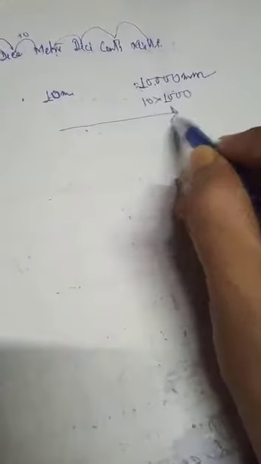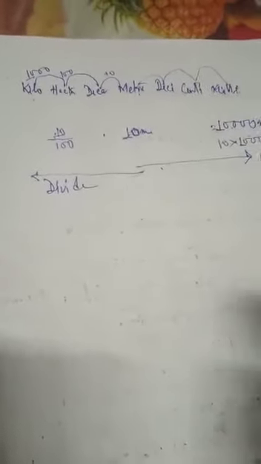So when we go to the right side from the base, that means meter or liter or gram, we will multiply. Always remember, when it comes to left side, we will divide.